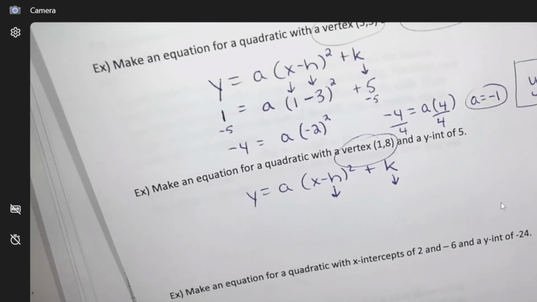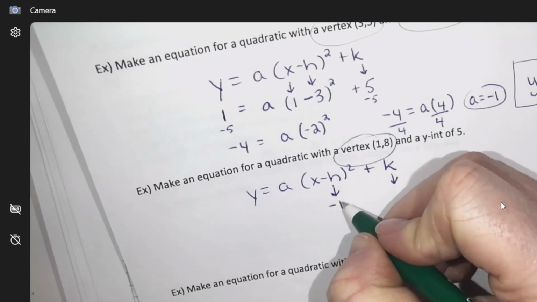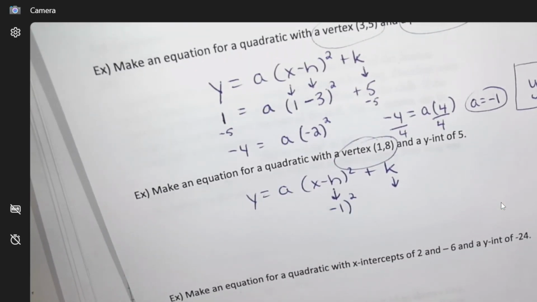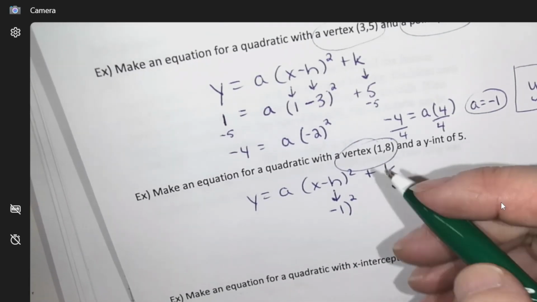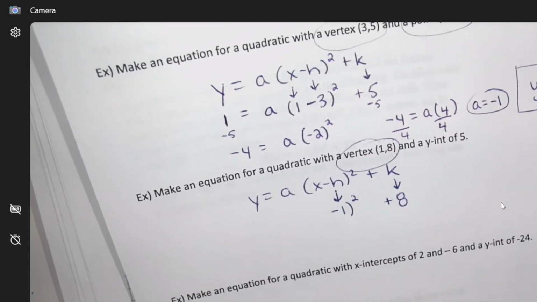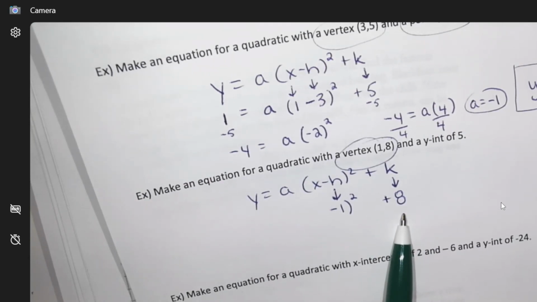So if this was positive 1, I'm going to make sure my formula has a -1 in it. And if this is a +8, I'm going to make sure my formula has a +8. So everybody's with me that this number goes in opposite and this one goes in the same.